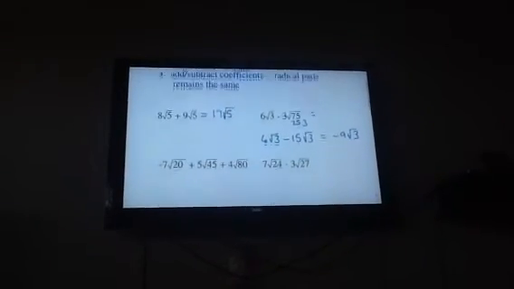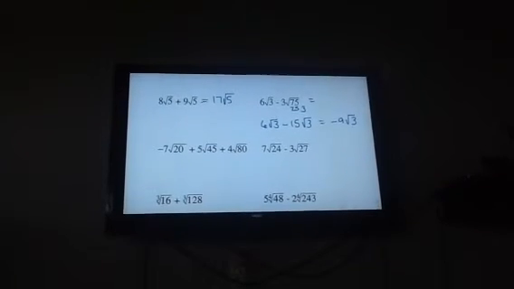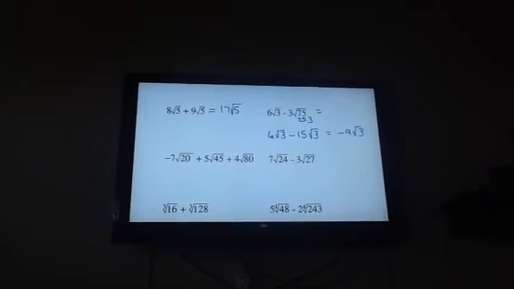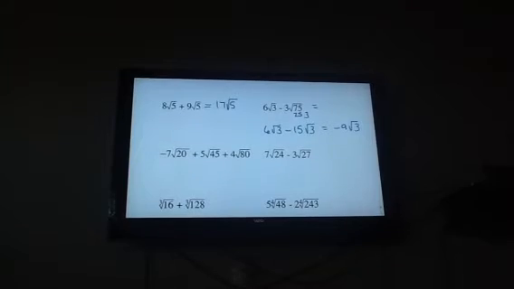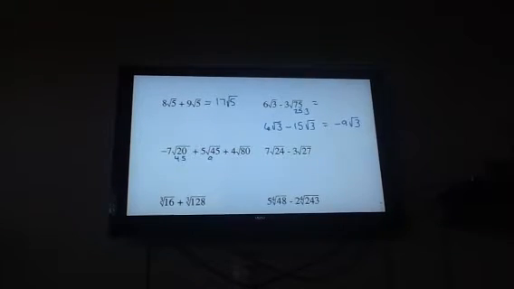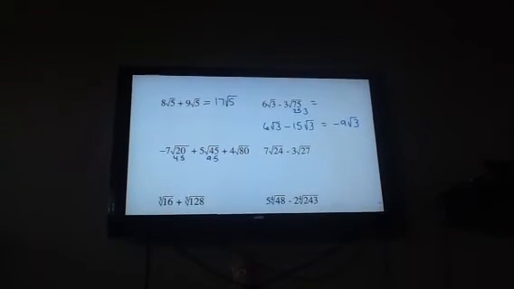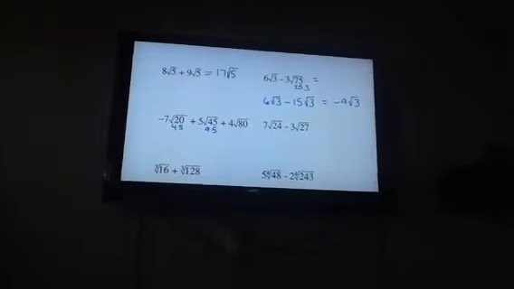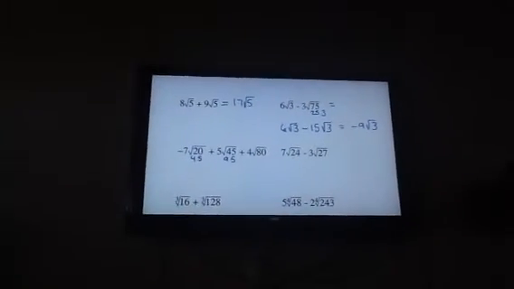Negative 7 square root 20 plus 5 square root 45 plus 4 square root 80, all different. I'm going to take 20 and make it 4 times 5. 45, I can go 9 times 5. And then use that 5 as a big hint to get your 80 is 16 times 5.